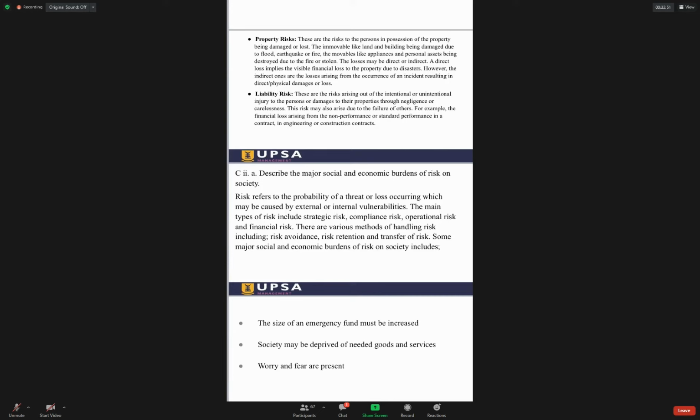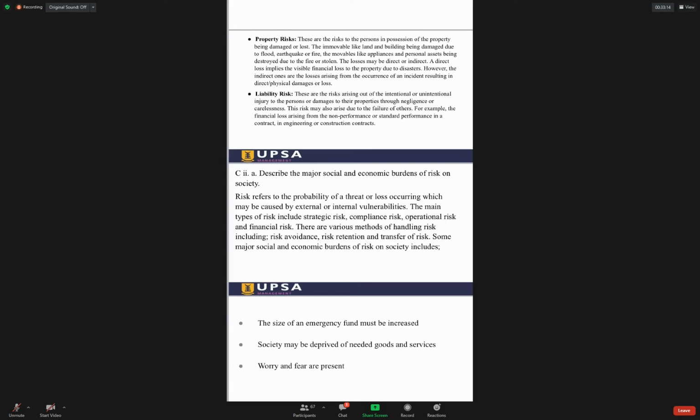So I would like to cite a scenario whereby an individual can suffer as a result of a liability risk. I'm sure most of us have seen scaffolds when individuals are painting high-rise buildings. Let's take that for example.